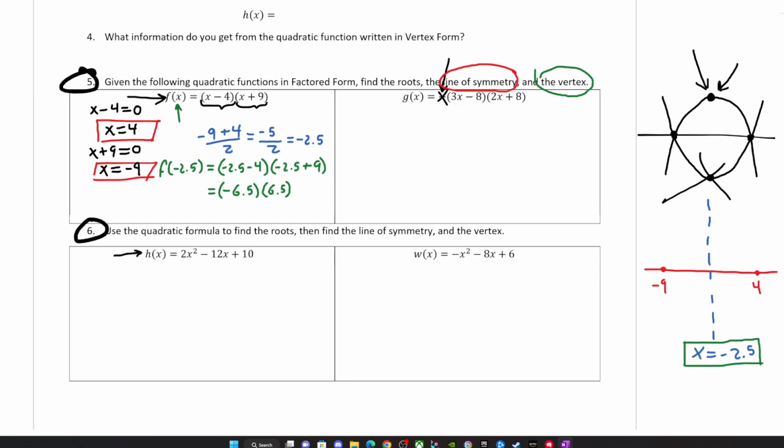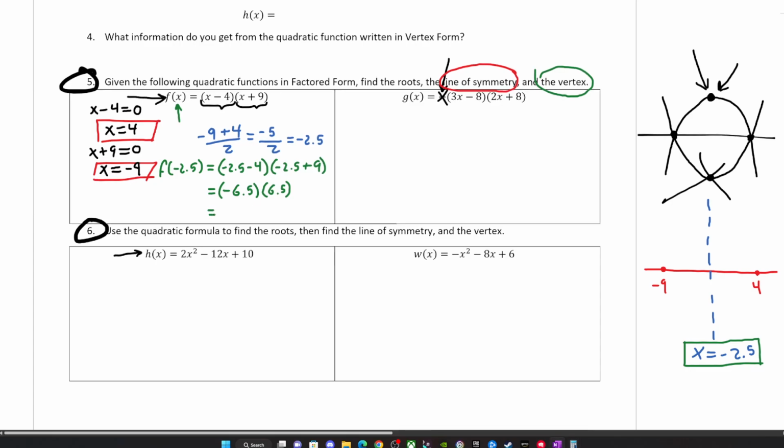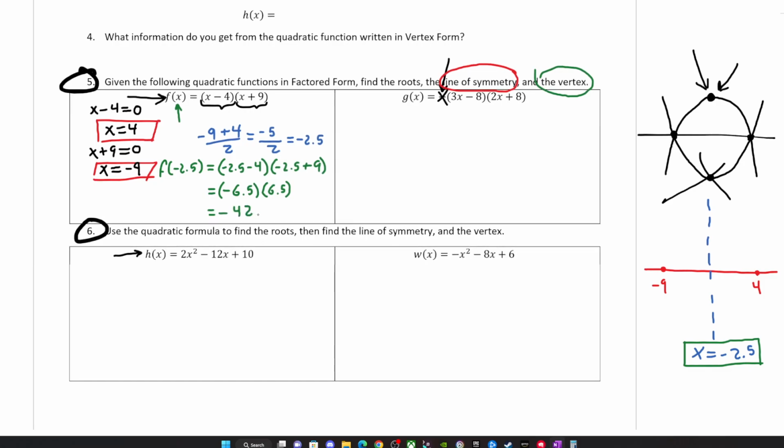Well, -6.5 and positive 6.5, let me get a calculator. So -6.5 times positive 6.5 gives me -42.25.